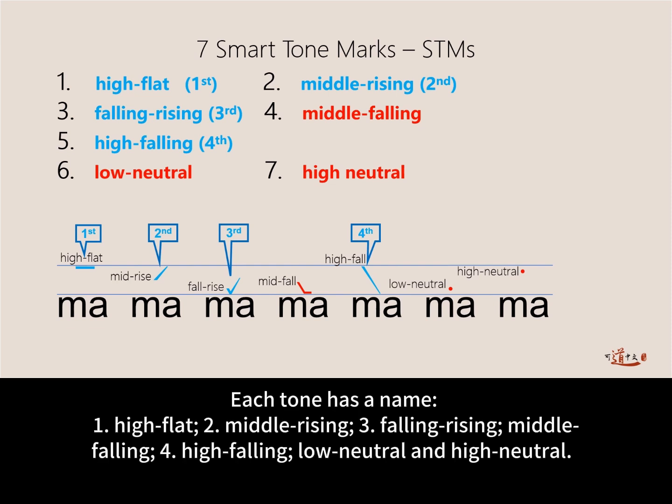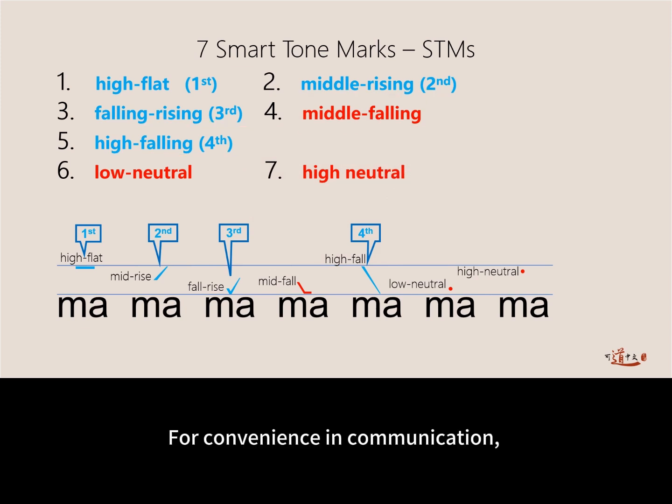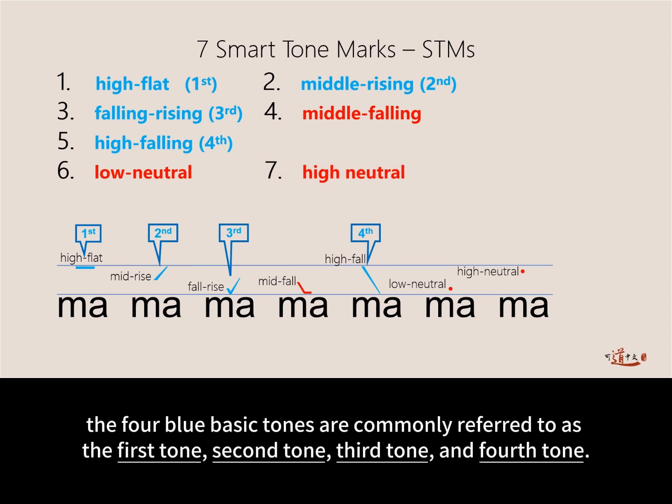Each tone has a name: high flat, middle rising, falling rising, middle falling, high falling, low neutral, and high neutral. For convenience in communication, the 4 blue basic tones are commonly referred to as the first tone, second tone, third tone, and fourth tone.